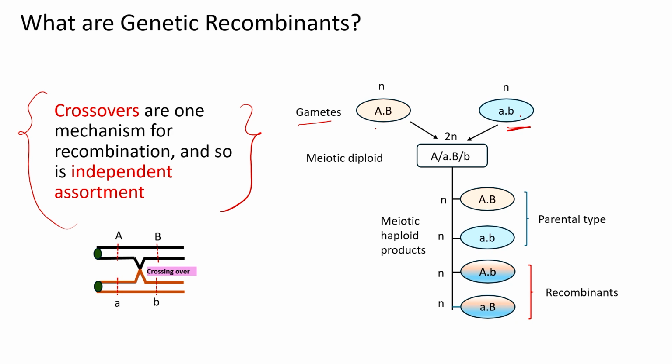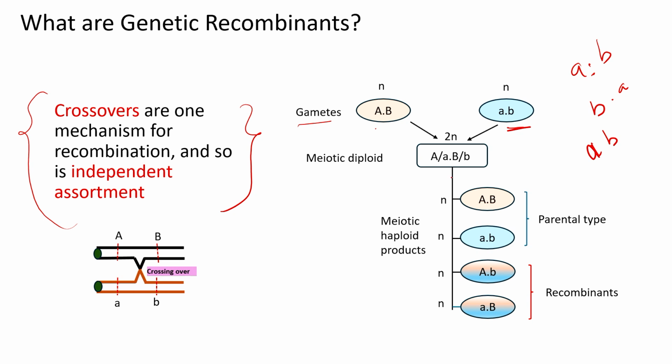When I put this dot between A and B, this dot means that I do not know the order of the genes. It could be B dot A or A dot B. Once I know in which order they are, then I will simply write them A, B, or whatever way people usually write the genes. We will talk about that later. But this dot signifies that we still do not know their orientation, right.